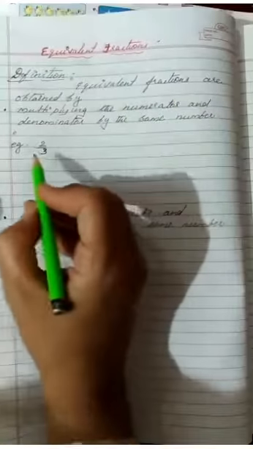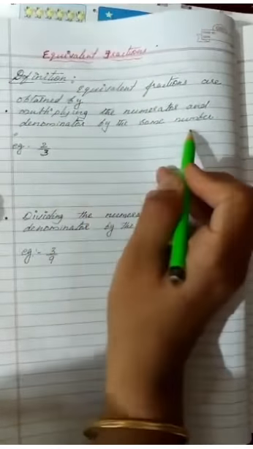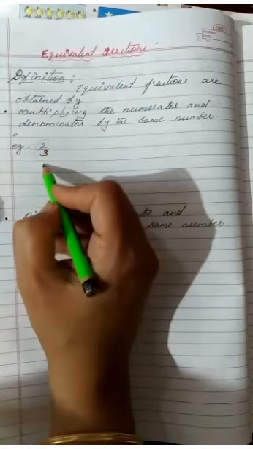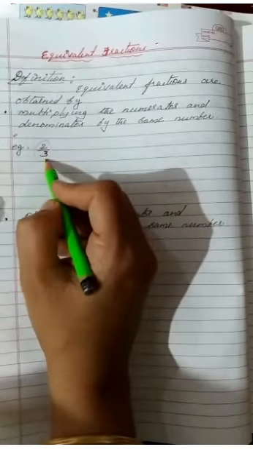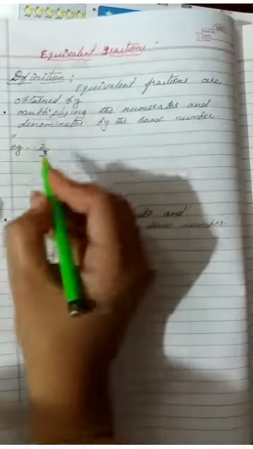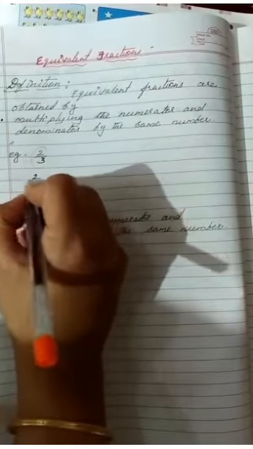Suppose the first part, that is multiplying the numerator and denominator by the same number. First of all, I have taken one example, 2 upon 3. How will we get the equivalent fraction of 2 upon 3? First one is multiplication.